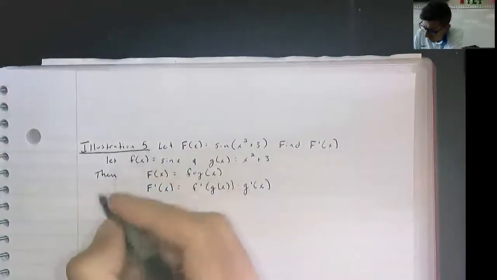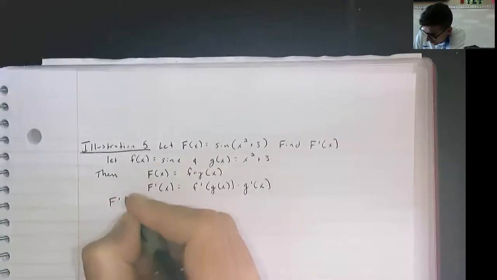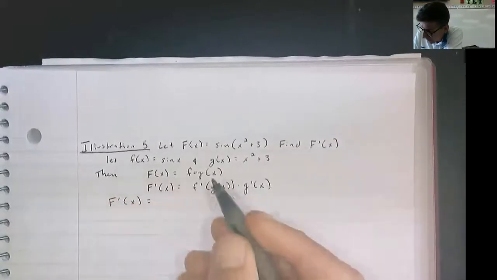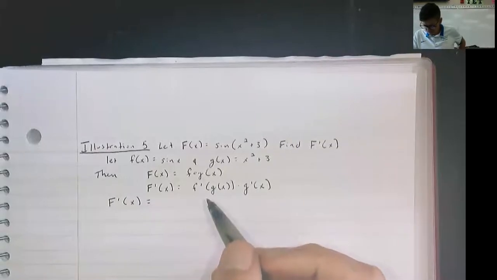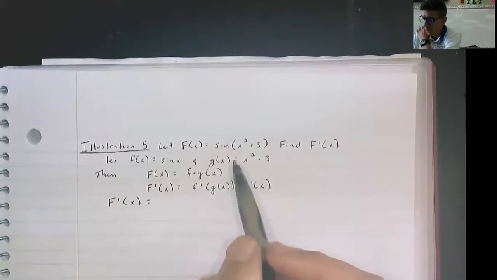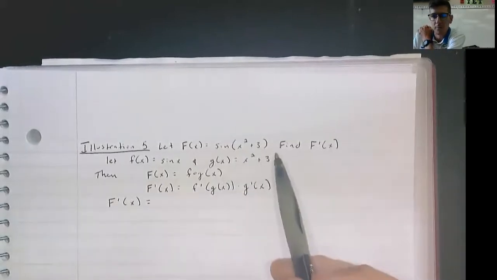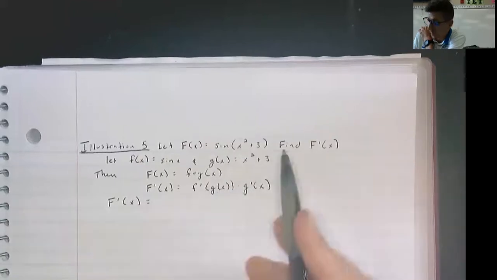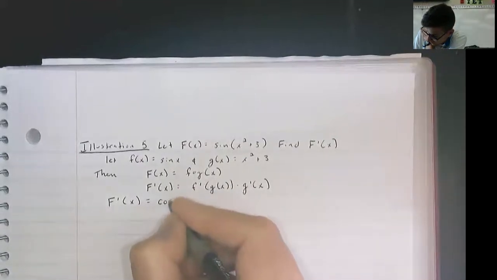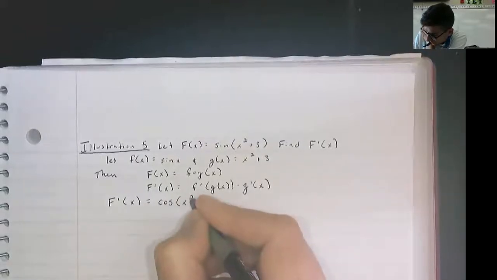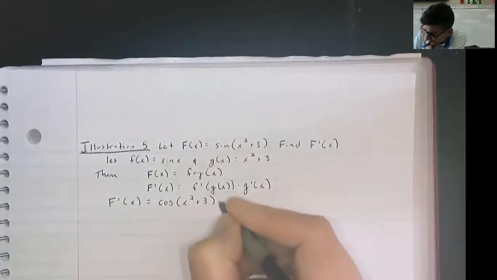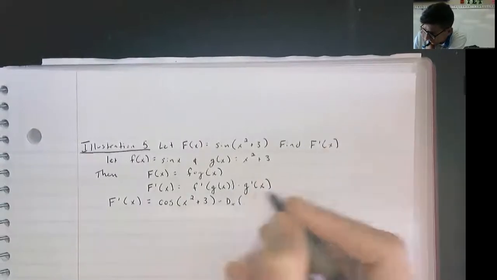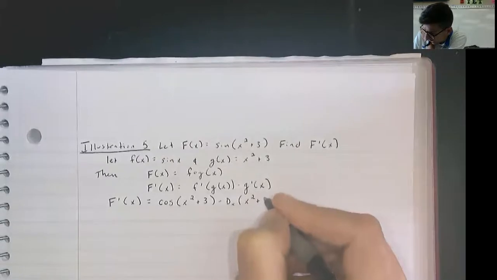Okay. More specifically, F prime of x is going to be, how do we write this? Can we write this? Yeah. So it gets a little trickier with trig stuff, but we're okay. So the outer function is sine. So the derivative of the outer function is the cosine, still with x squared plus 3 inside, times the derivative with respect to x of the inner function, x squared plus 3.